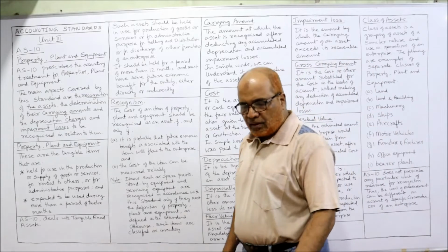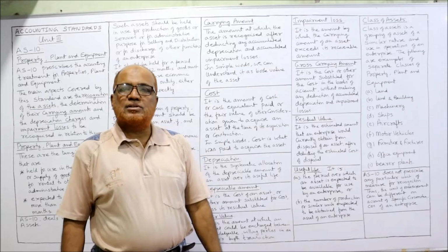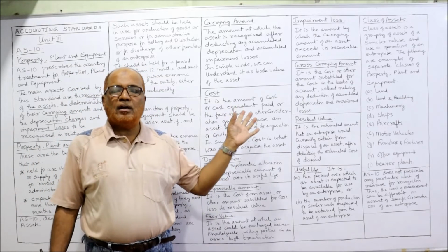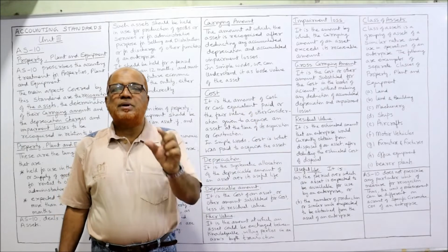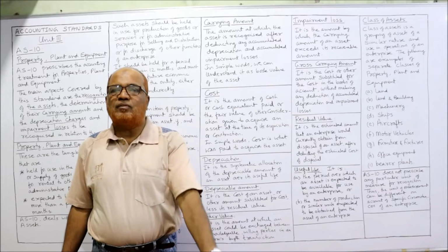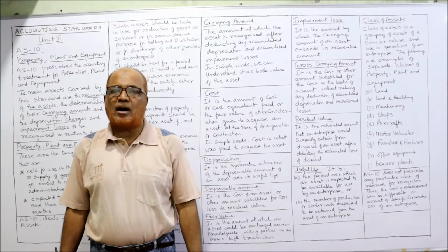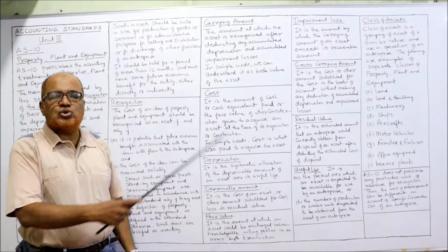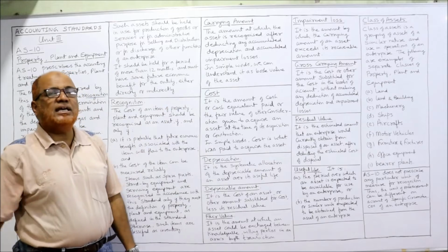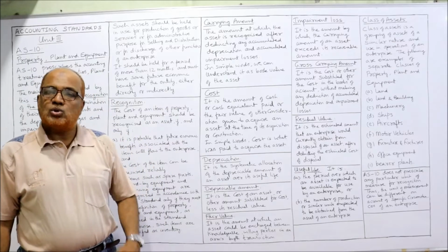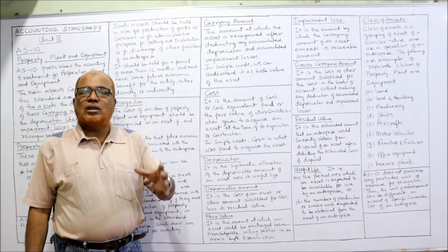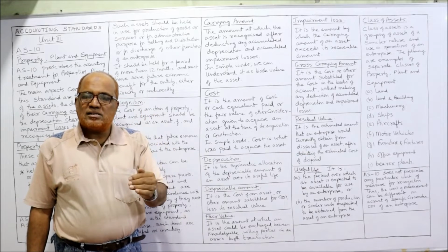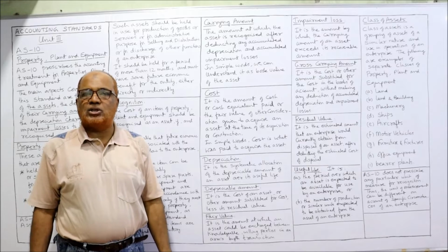Now, there are some terms which have a technical meaning in business. So here AS 10 has specifically defined some of the terms which are used in the accounting standard. What are the terms which are frequently used? First one, carrying amount. What is the meaning of carrying amount? The cost of the asset minus accumulated depreciation.